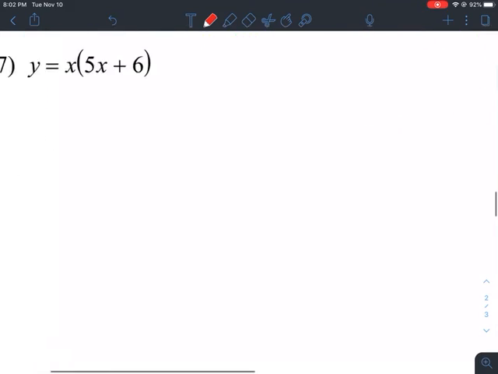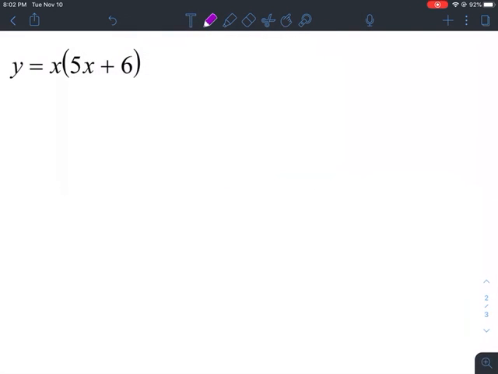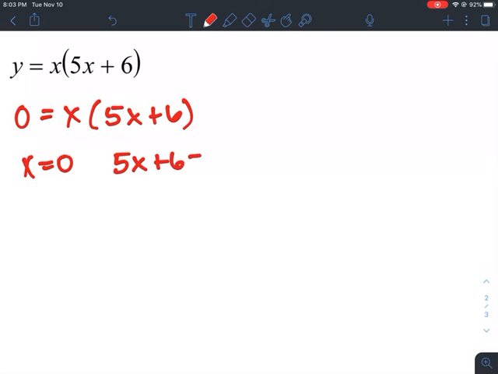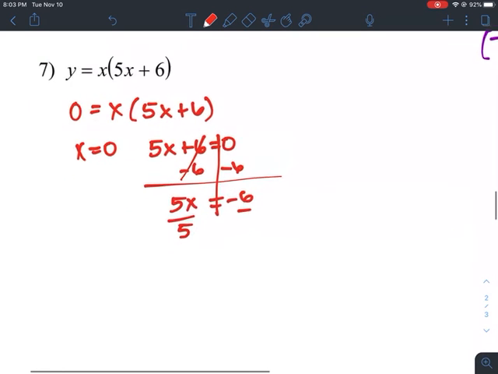Okay, then this last one, when you have one like this, both factors still have to be set equal to 0. So I'll just get x equals 0, and then 5x plus 6 equals 0, which I have to solve. So subtract 6 on both sides. Divide both sides by 5.